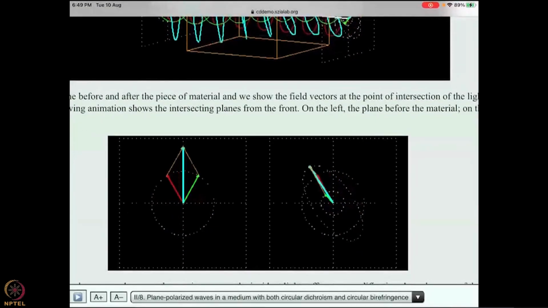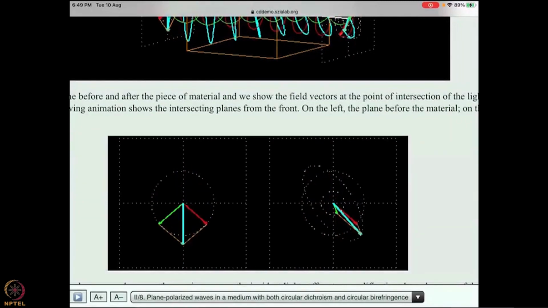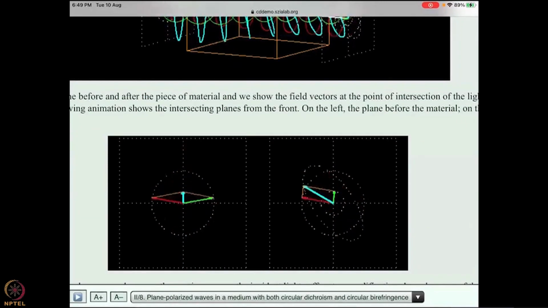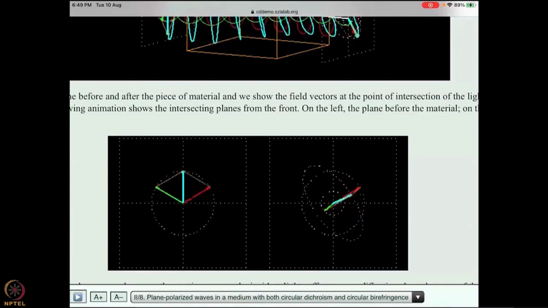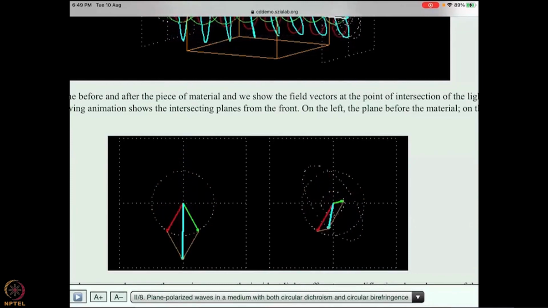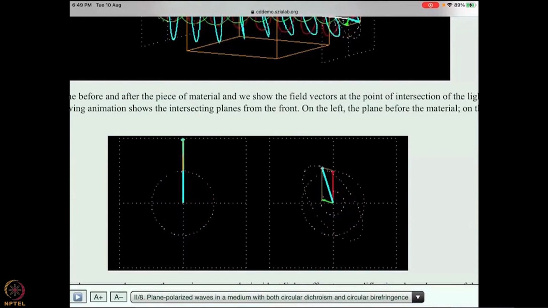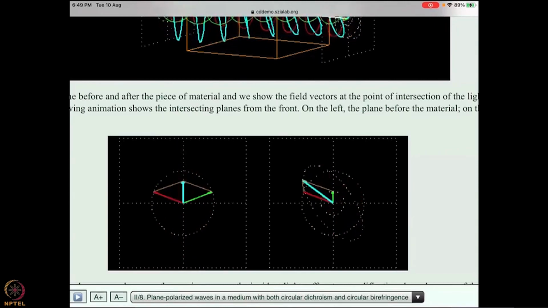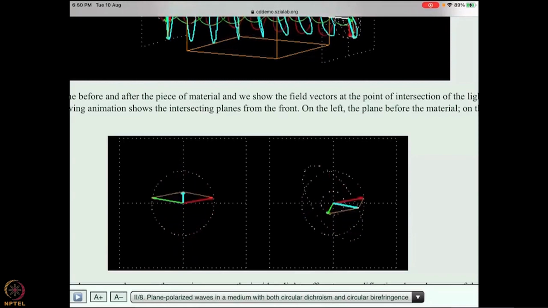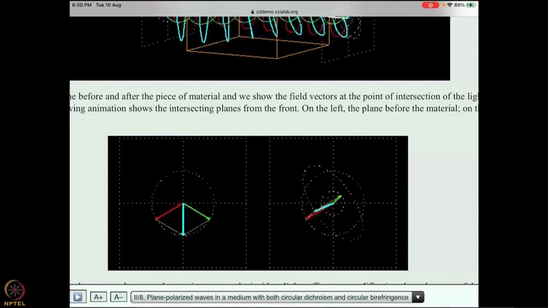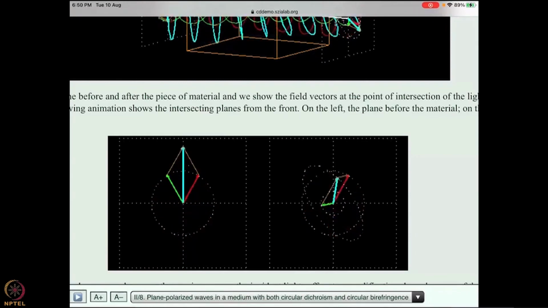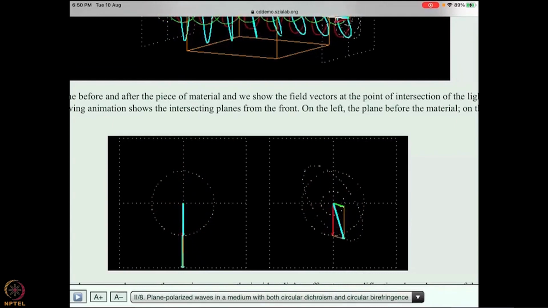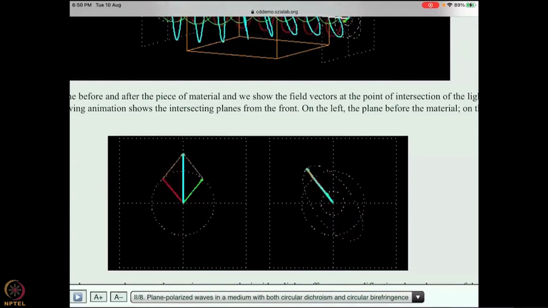So this is the light on the left hand side before it hits the sample. It is two circularly polarized lights, same amplitude, same speed. You have a plane polarized light. Once it gets not only absorbed but also creates some difference in the refractive indices, the plane of polarization changes. So you can see the ellipse is not in the same plane as the plane polarized light.